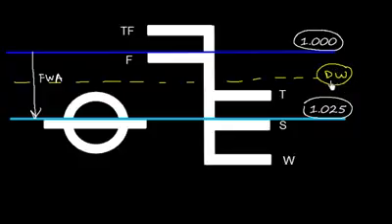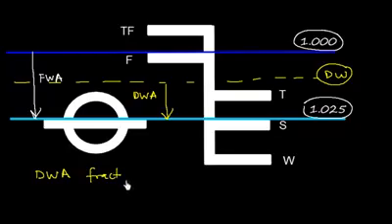If the vessel was floating in dock water and she comes to salt water like this, this distance is going to be dock water allowance. So we can say that dock water allowance is a fraction of fresh water allowance.